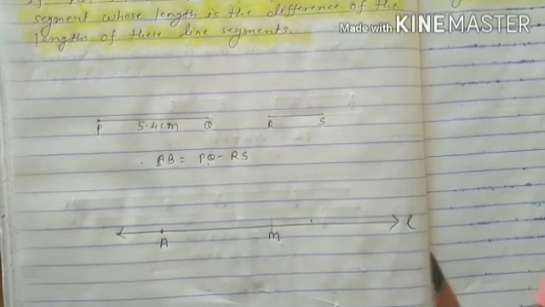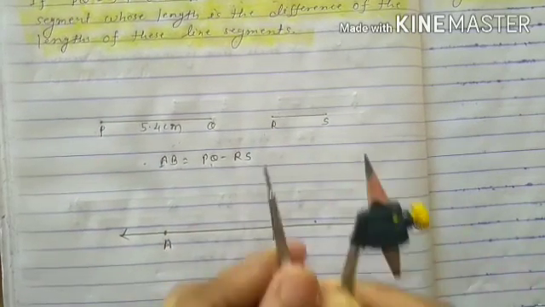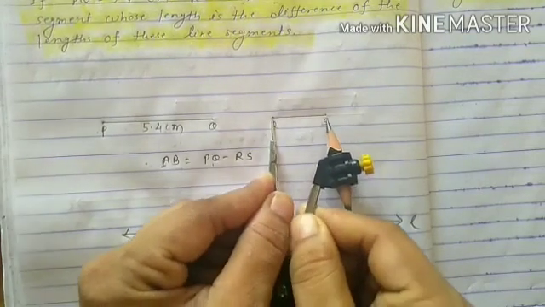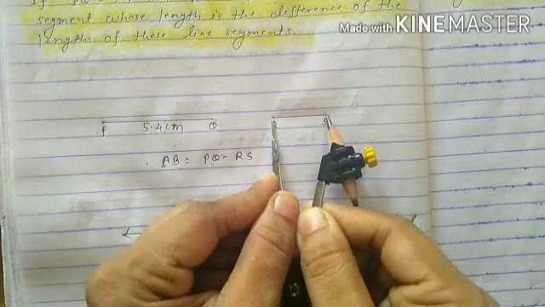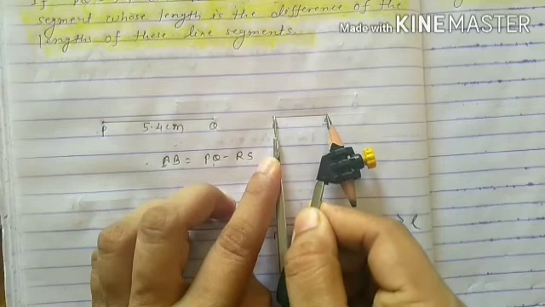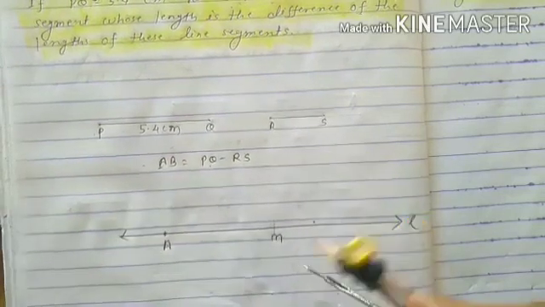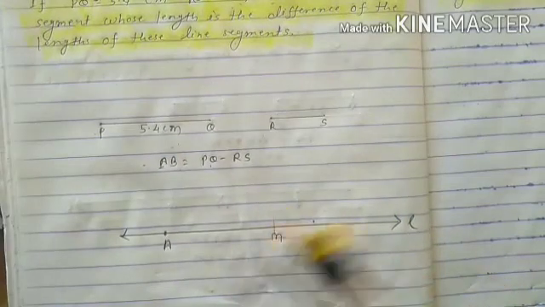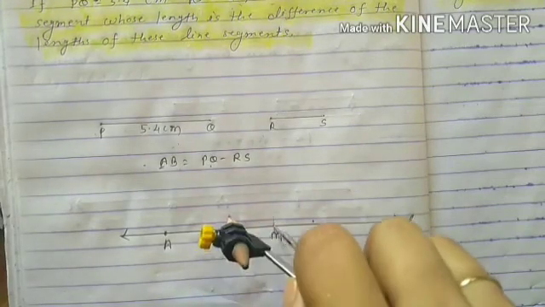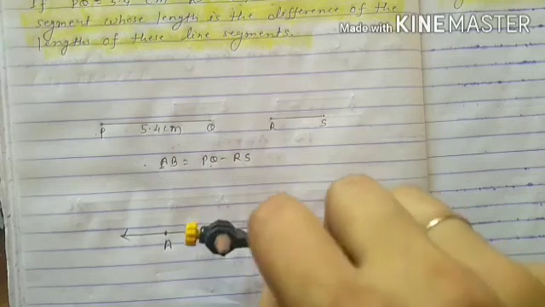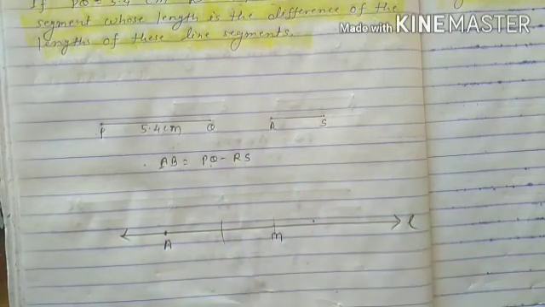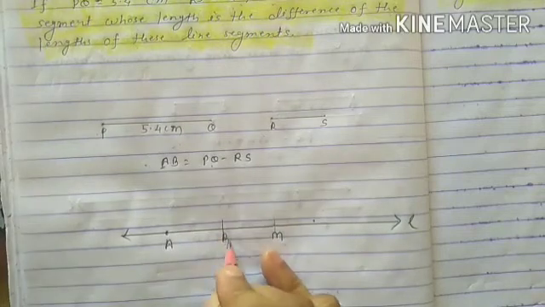For this, what we will do is open the compasses and keep the metal arm at R and pencil point at S. Keep this metal arm at M. Here we have to find the difference, so we have to move left. On this side draw one arc. Let's give it the name B.